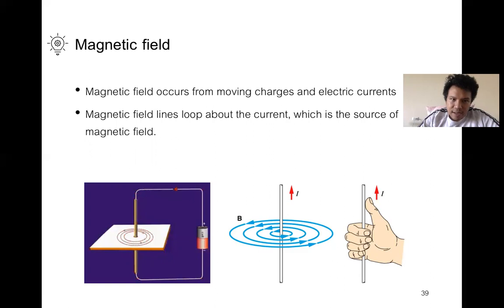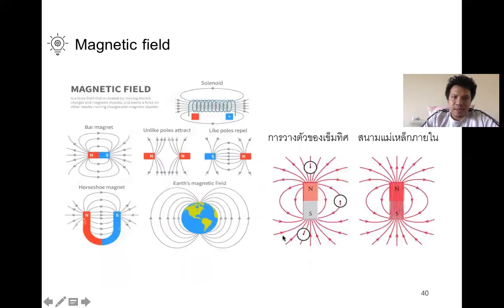Magnetic field lines will loop about the current, and the current is the source of the magnetic field. We have many kinds of magnetic field sources, such as the solenoid.